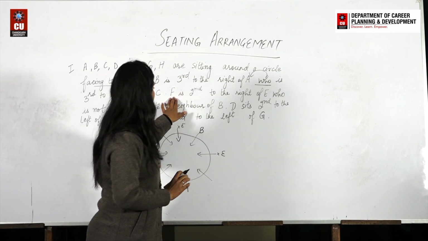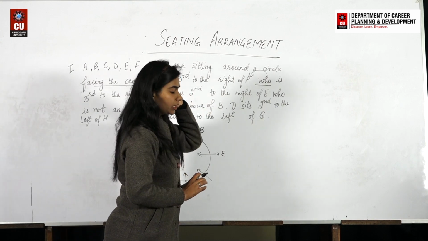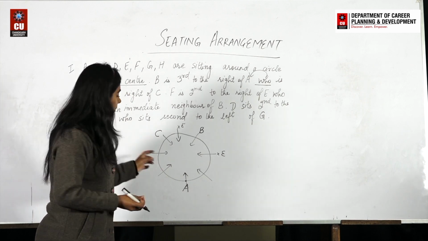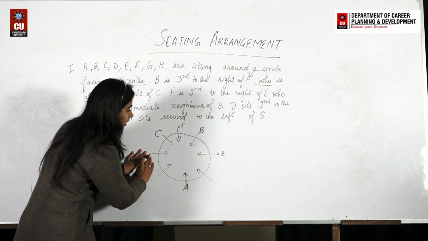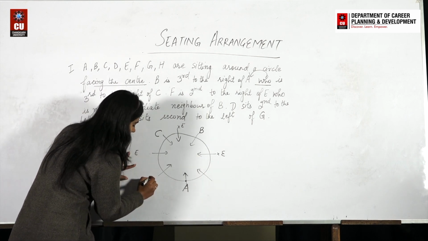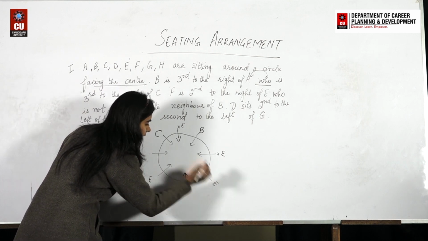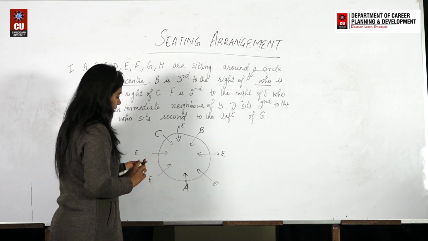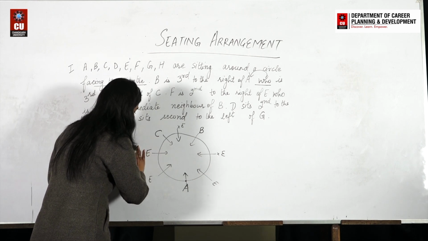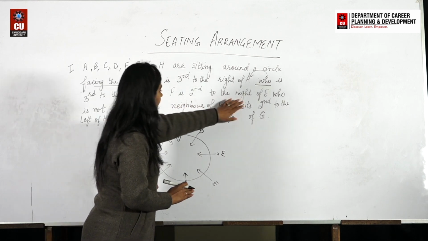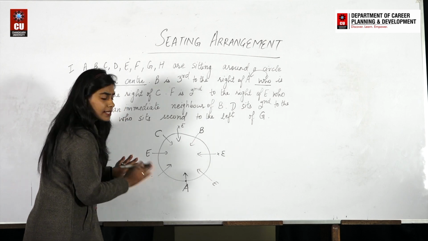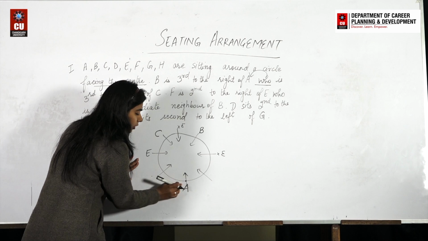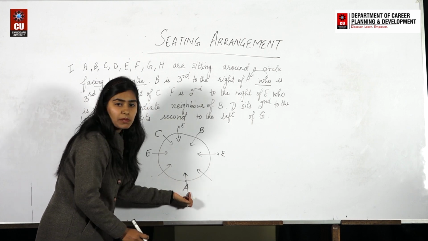Now the statement says F is second to the right of E. Now the possibility arises where we can place the person E. We can place E here and E here. If we place E here, then F is second to the right of E. Now if we say F is second to the right of E, here A is present.